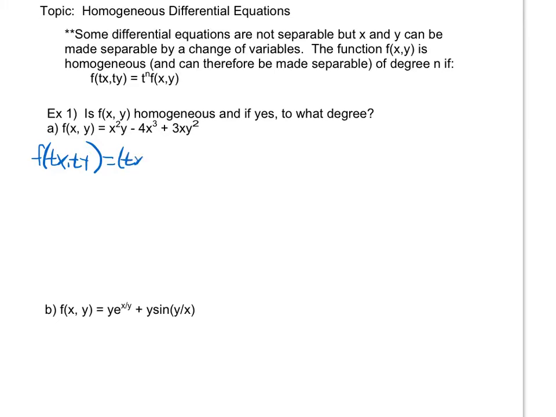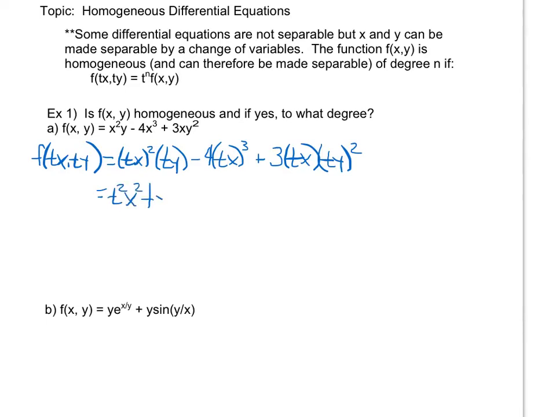Giving me (tx) squared times ty minus 4 times (tx) cubed plus 3 times tx times (ty) squared. Since it's multiplication, I can distribute my exponents, giving me t squared x squared ty minus 4 times t cubed x cubed plus 3tx times t squared y squared.